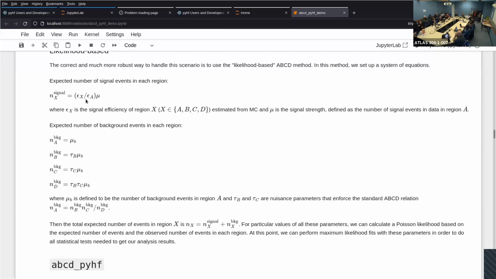We assume we can simulate it well, and whatever we can't simulate well goes in the systematic uncertainty. For data, the important assumption is that the number of background events in D is the product of these two nuisance parameters, because you rely on these being uncorrelated in order to estimate background events in A without unblinding region A, or without using information from region A until you do the simultaneous fit.